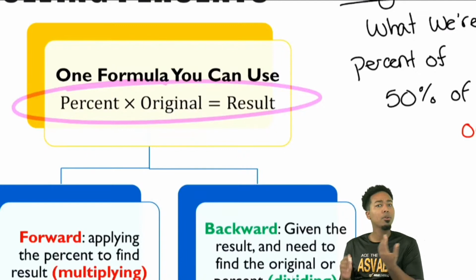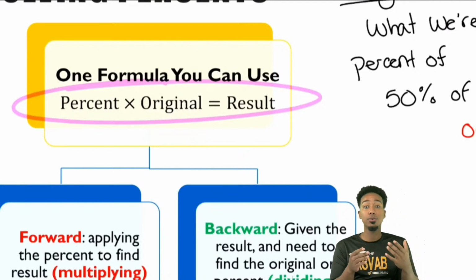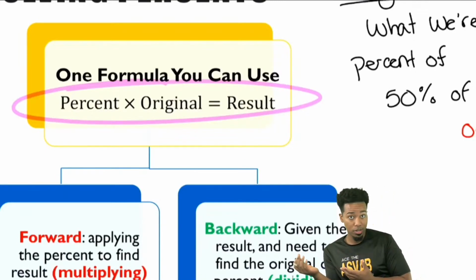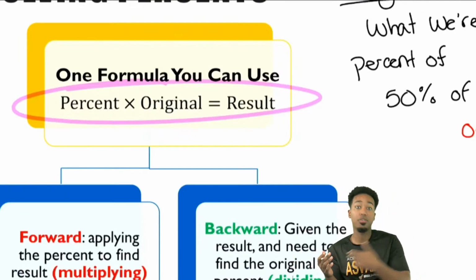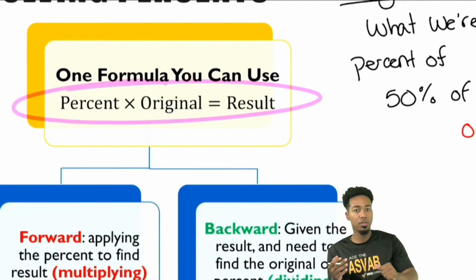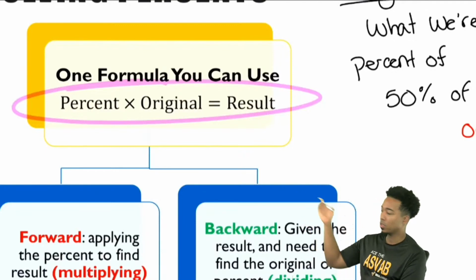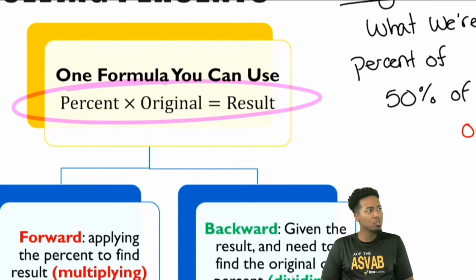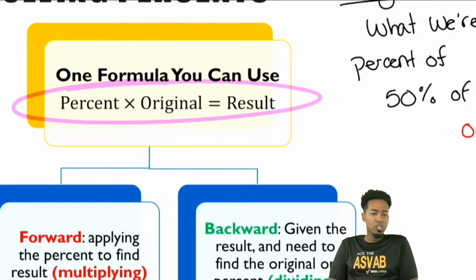But remember, everybody, they're not always going to give you the original and the percent. Sometimes they might have you work backwards. Sometimes you might need to find the percent or find the original. But I want you to notice, remember that this is an equation. True or false, everybody. When it comes to solving an equation, is it true that solving an equation has us work backwards?